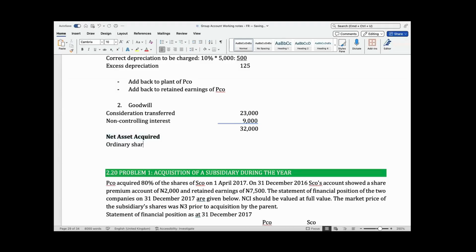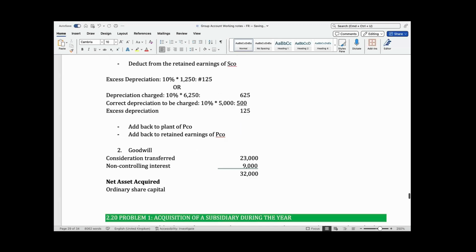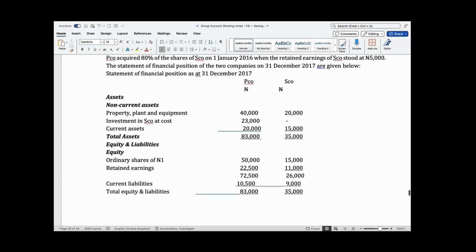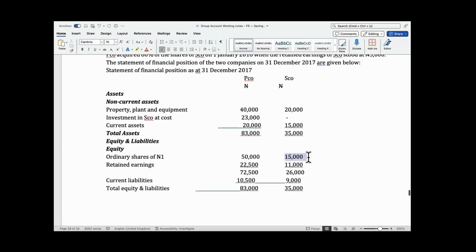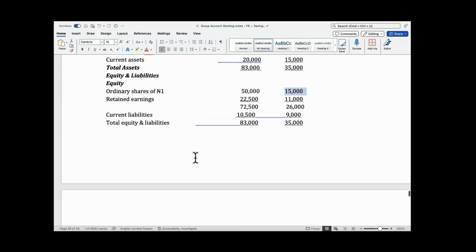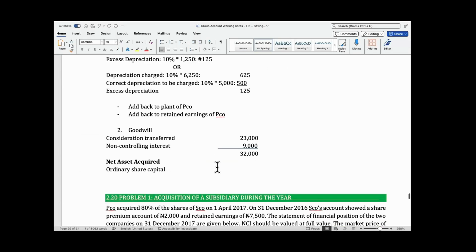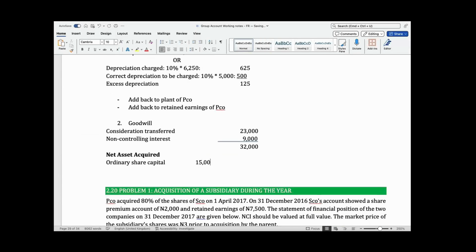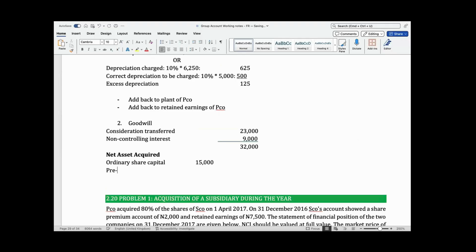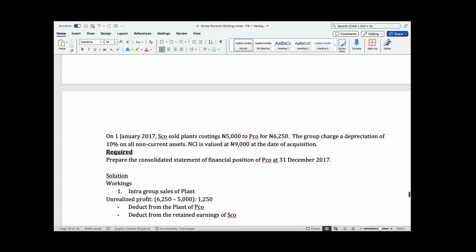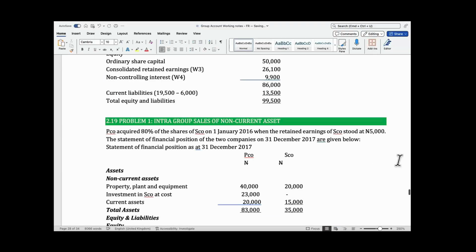You have ordinary share capital. How much is the ordinary share capital of ESCO? This is 15,000. Pre-acquisition retained earnings, 5,000.